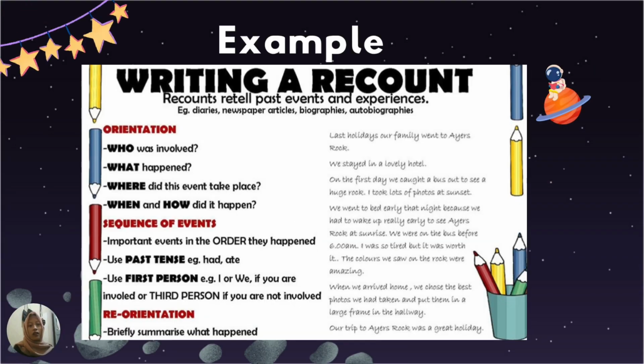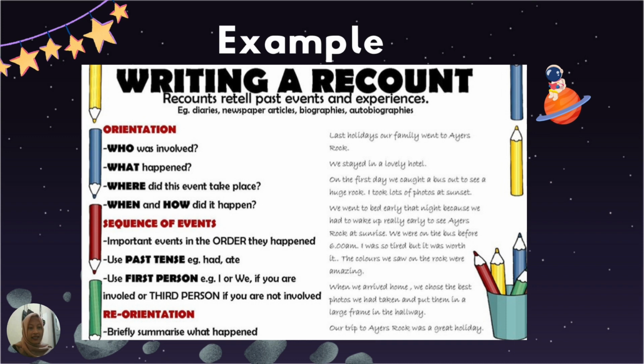This is another example of writing a recount, but it guides you on how to write recount text. The orientation part would tell you who was involved, what happened, where did this event take place, and when and how did it happen. Meanwhile, the sequence of events tells you the important events in the order they happened.